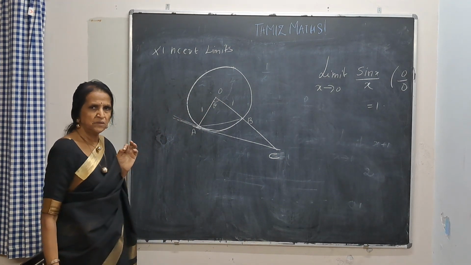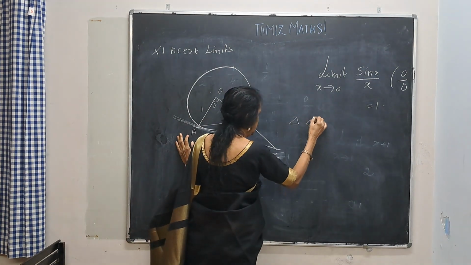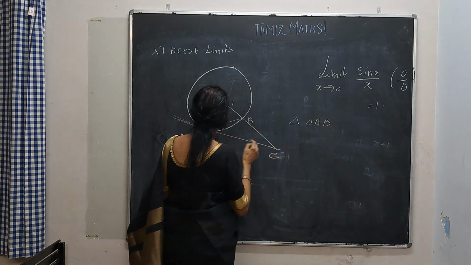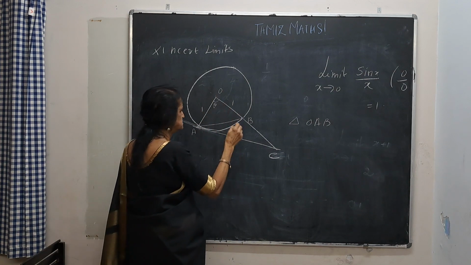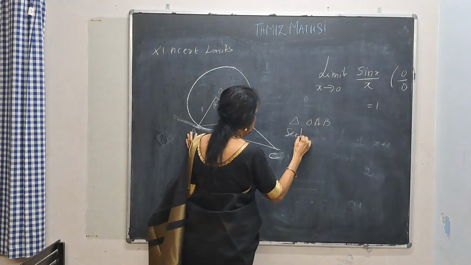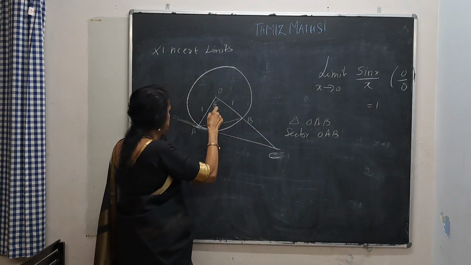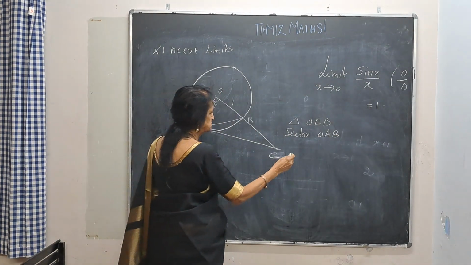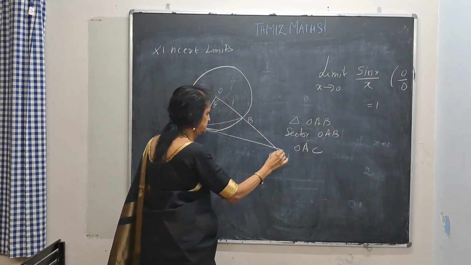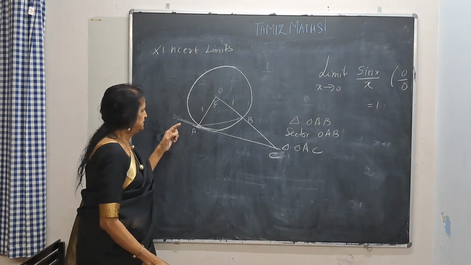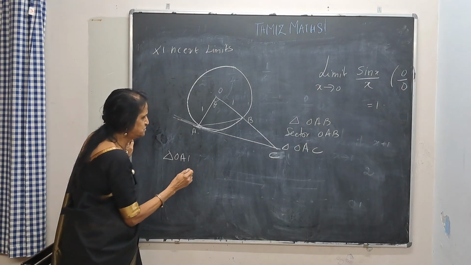Now, I have triangle OAB. I have sector OAB. And I have another triangle OAC. Oh dear viewers, see how lovely it comes.